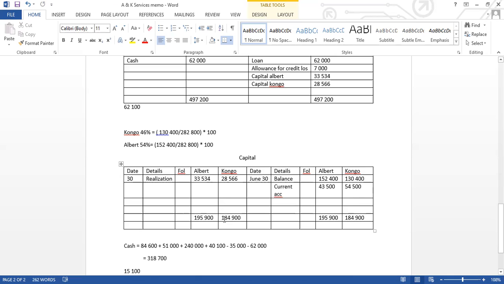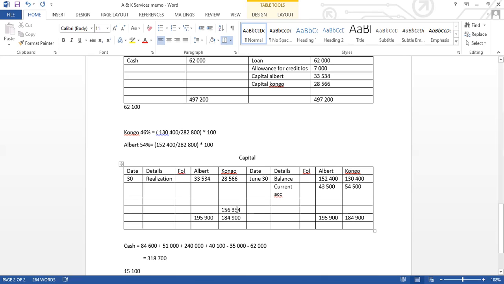Okay. Now we are balancing. So 184,900 minus 28,566 will give us 156,334.